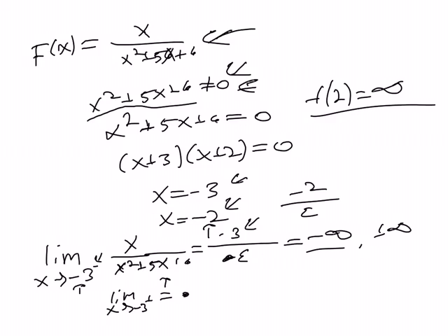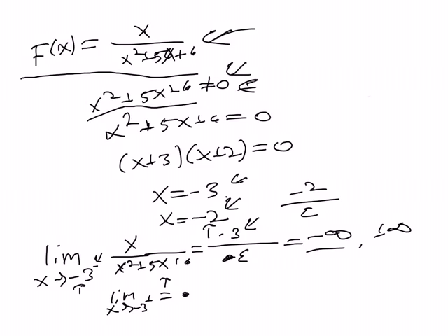That's not defined. So we can say that on the domain, f of x is continuous, because negative 3 and negative 2 are not even in our domain. And our domain will look something like this: negative infinity to negative 3, not including negative 3, with an open bracket.